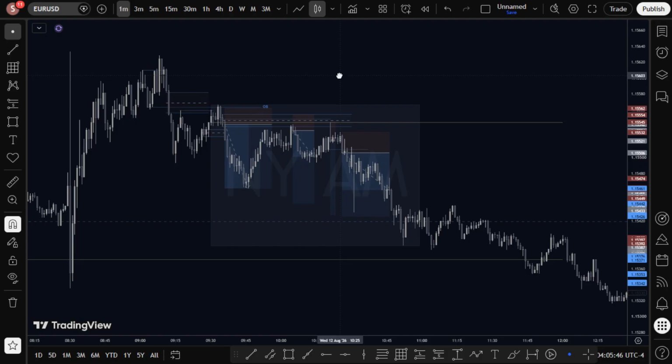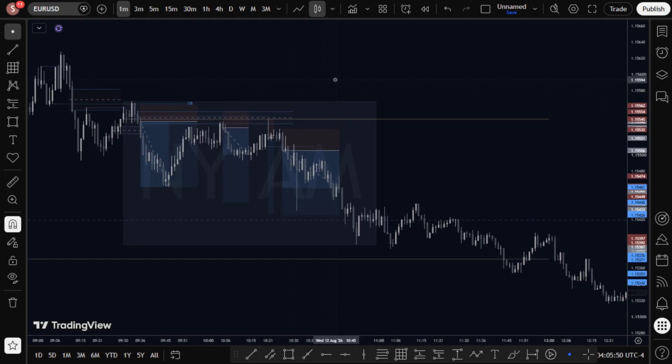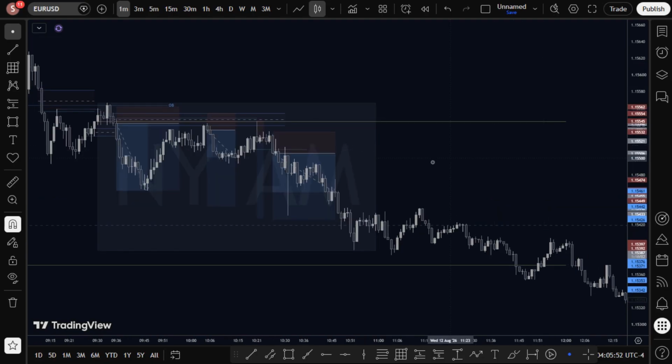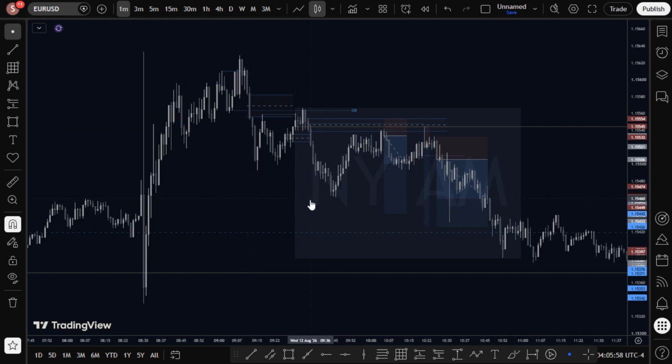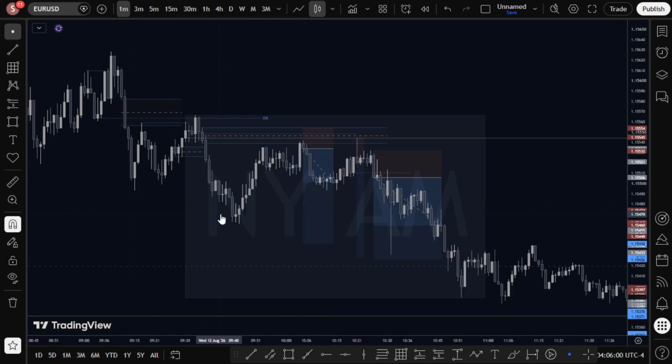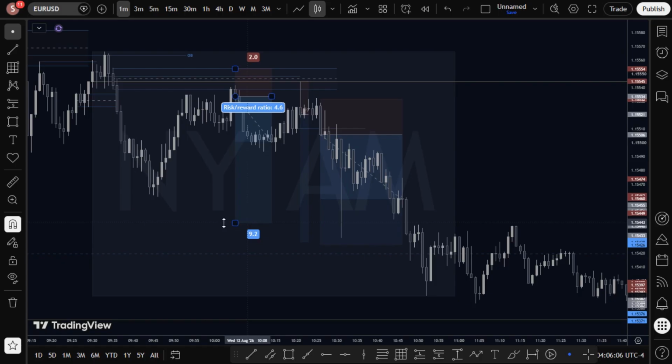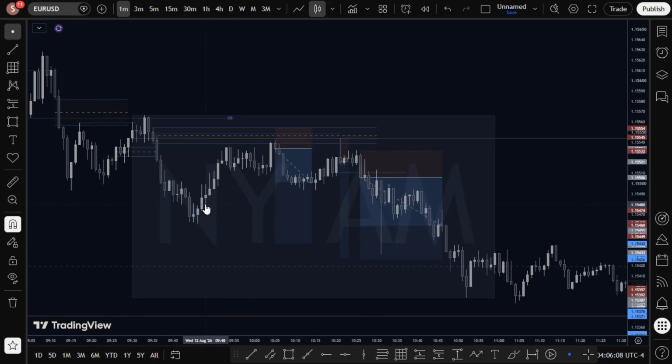I always look out for that manipulation to the upside or to the downside. Now look at this. You may be asking, let me remove it. But this was a movement that took out liquidity here. Yes, it took out liquidity. Remember, I said fair value gap is compulsory. There's no fair value gap here. Or if you may say there's a fair value gap here, price did not return to it.